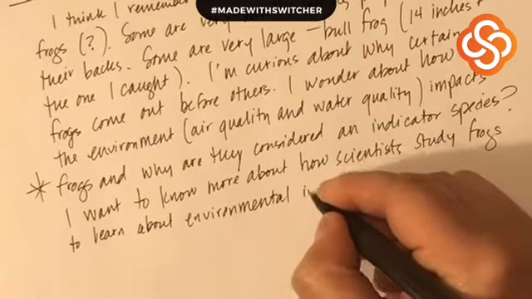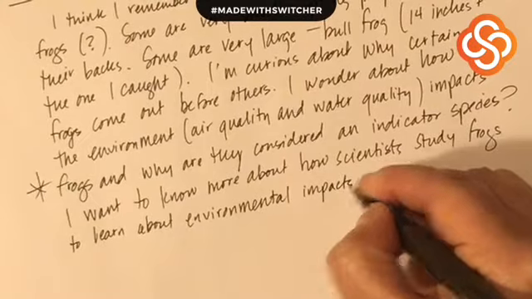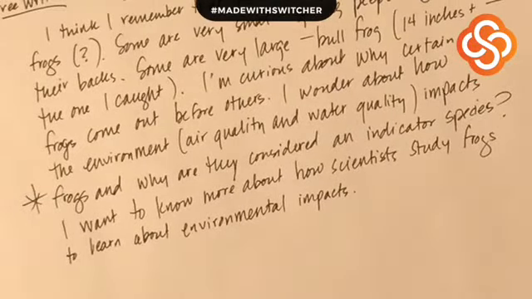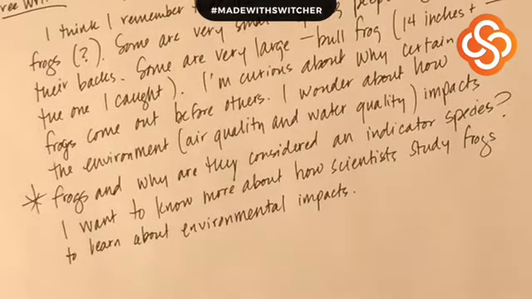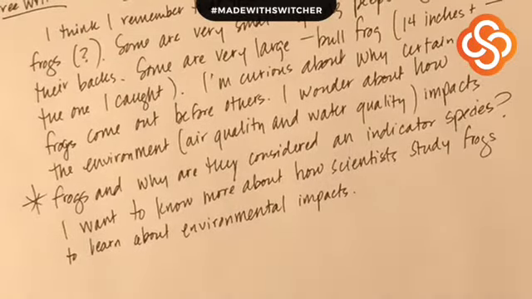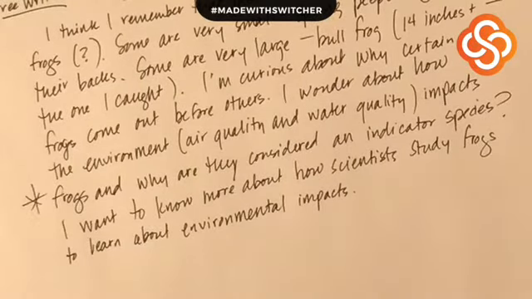So one thing you'll notice here is that I'm not just doing a report on frogs. A lot of you had animals as your topics, and animals are great. I love animals, love researching animals, but I want you to think beyond just the research about animals. For example, we did a lot of fundraising to help the koalas in Australia this year.